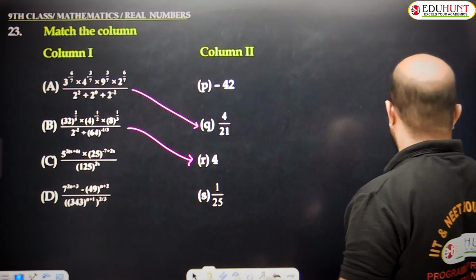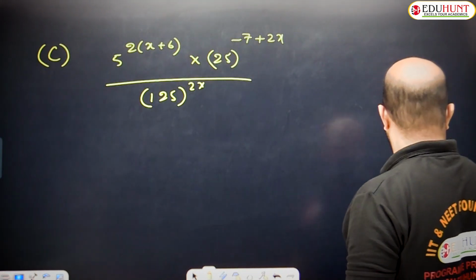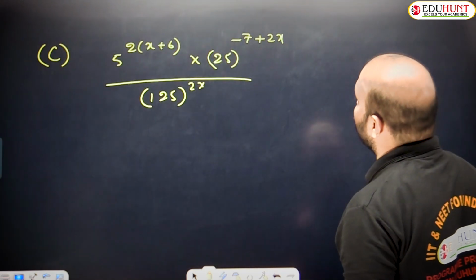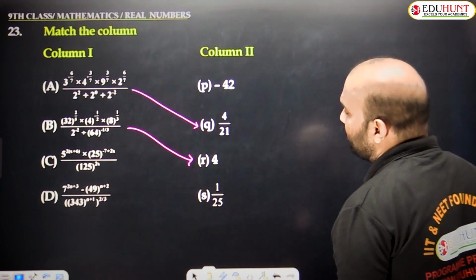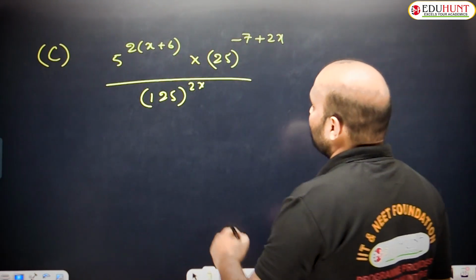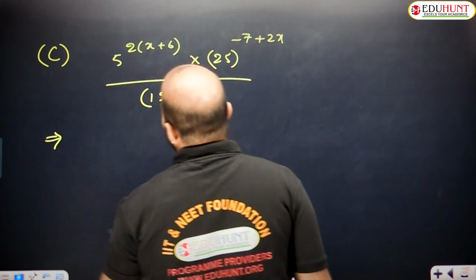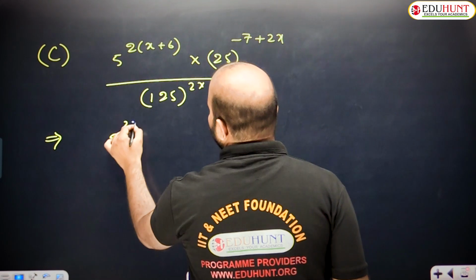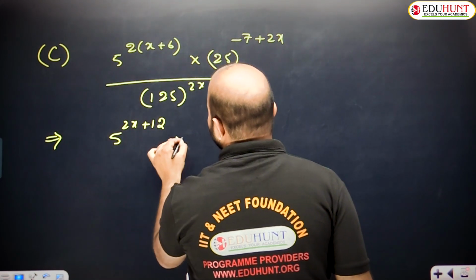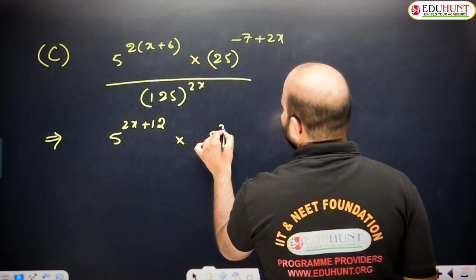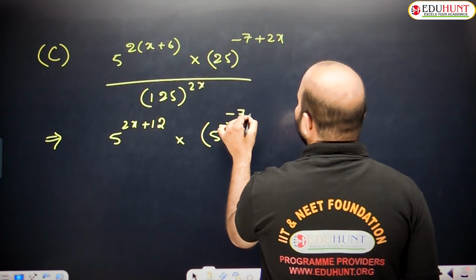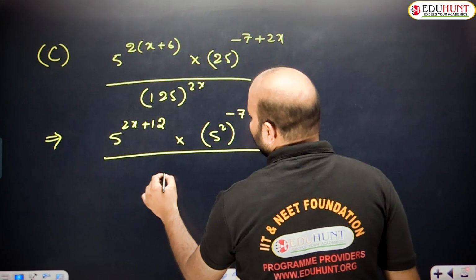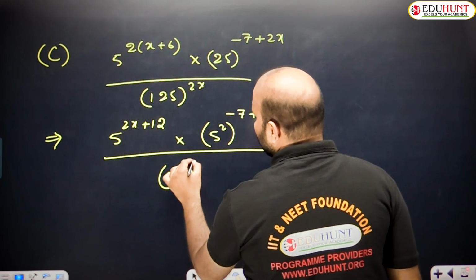So first one, 5 power 2 into x plus 6, into 25 whole power minus 7 plus 2x, whole by 125 whole power 2x. So simplify that equation. It can be written as 5 power 2 into x, 2x plus 2 into 6, 12, into 25 written as 5 square whole power minus 7 plus 2x, whole by 125, which is a 5 cube value, whole power 2x.